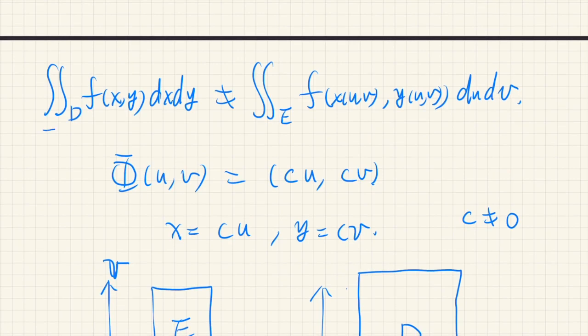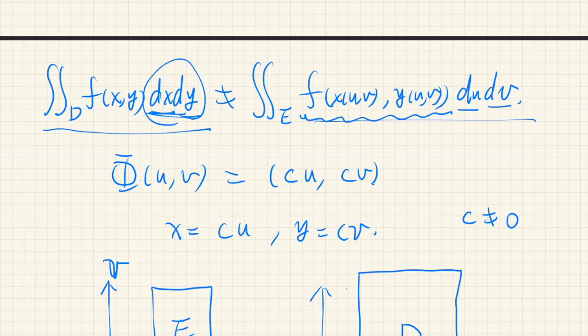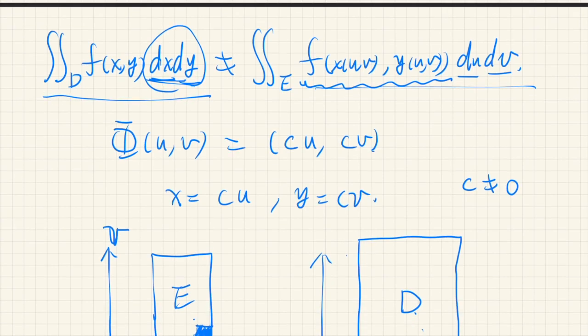So this one cannot be equal to this one. The function f is not scaled, but dx dy and du dv are scaled, so they cannot be equal. How can we make them equal?